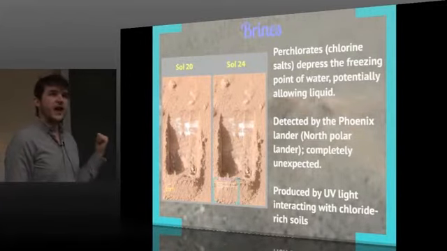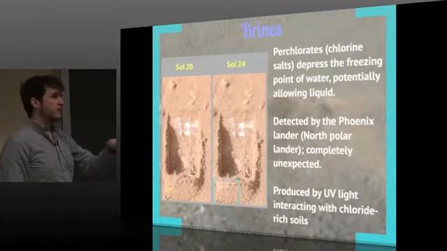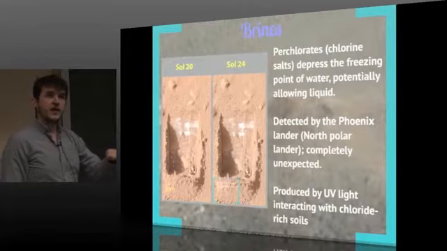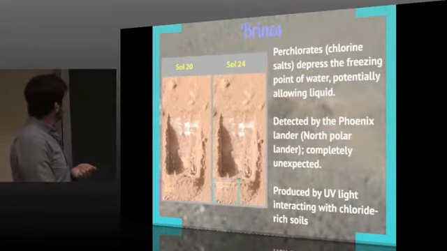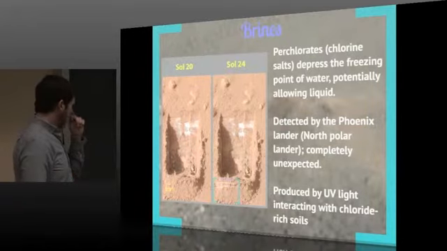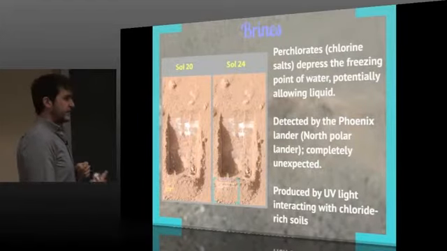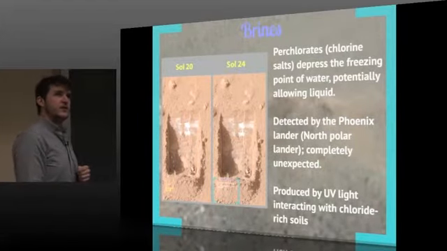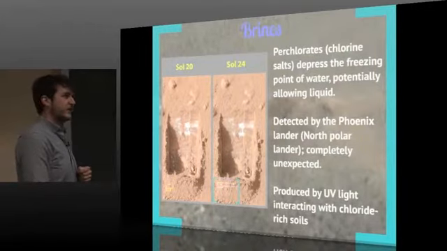So there's a Death Valley analog, where if you leave a lot of chloride-rich soil out for a very long time under UV light, you can maybe get these perchlorates to form. This is a picture of a trench that was dug by the Phoenix lander. I like to tell my students when I teach an intro class that planetary science is still so new that if you send a shovel to another planet, you're doing literally groundbreaking science.